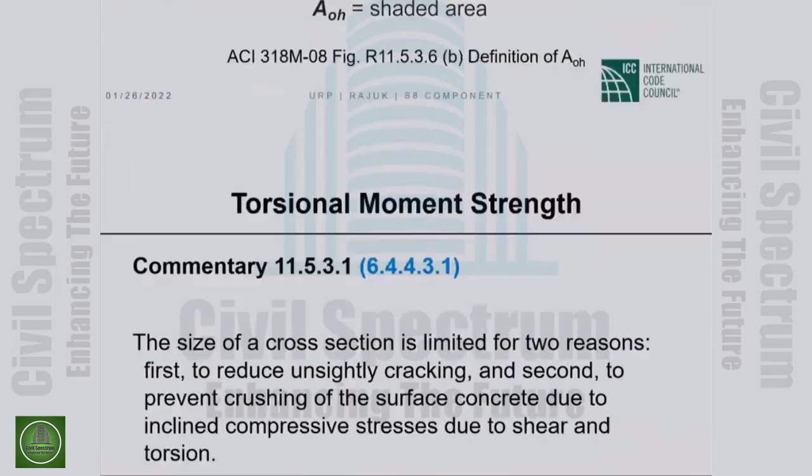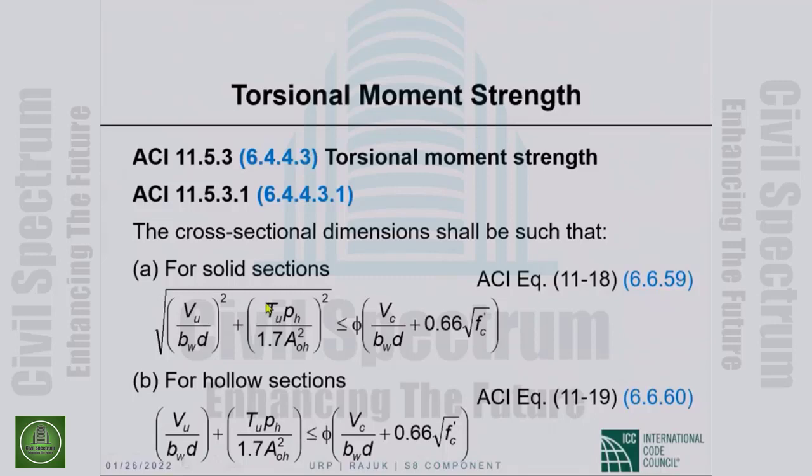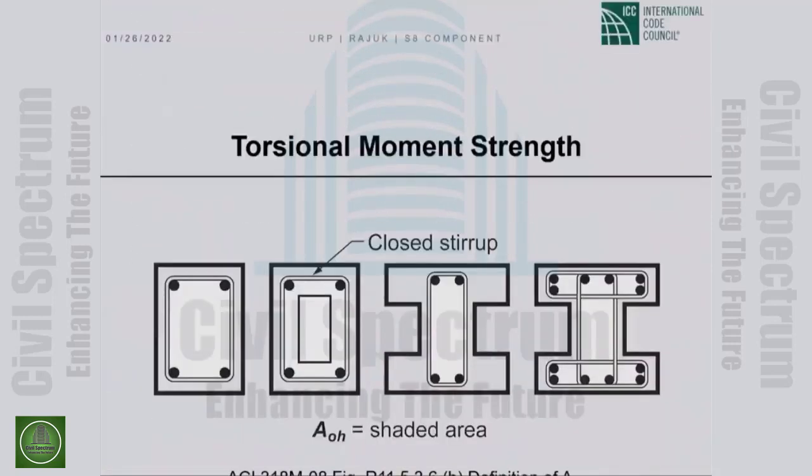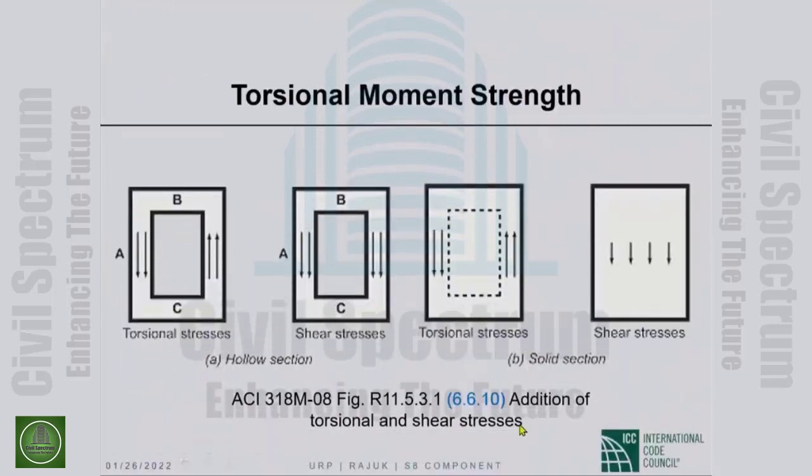When there is shear plus torsion, it gets a little more complicated. In the case of solid sections, we take the square root of the sum of the squares. For hollow sections, we simply add the shear stress and the torsional stress together. And the reason we take the square root of the sum of the squares in one case and simply add them together in another case is shown here. When it is a hollow section, the torsional stresses are in the wall of the hollow section.